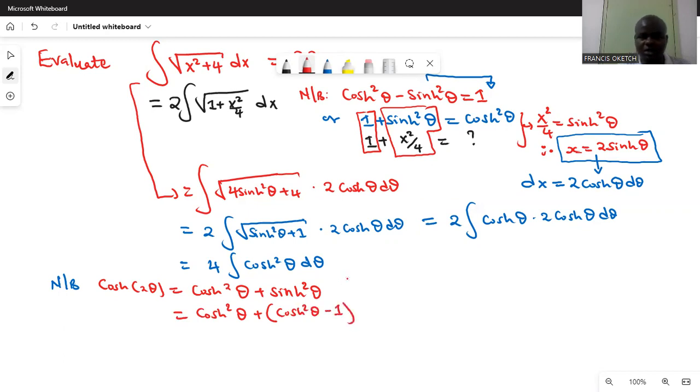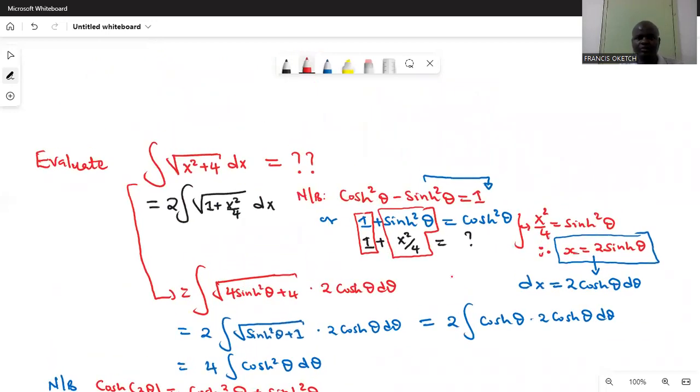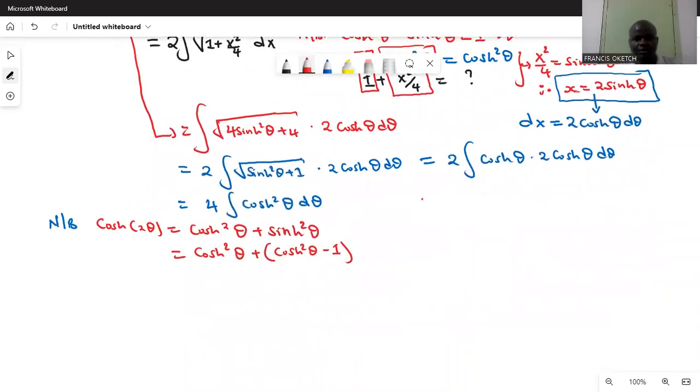If you look at this identity, we can make sine hyperbolic squared theta the subject, so we get cos hyperbolic squared theta minus 1. So if I combine those cos hyperbolic squared theta, we get 2 cos hyperbolic squared theta minus 1.